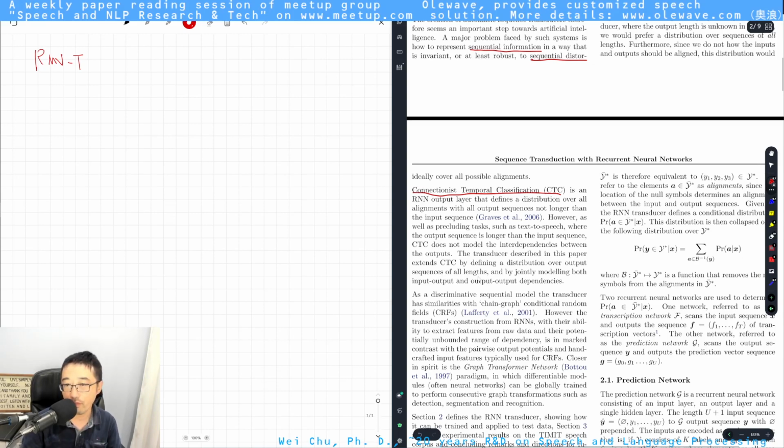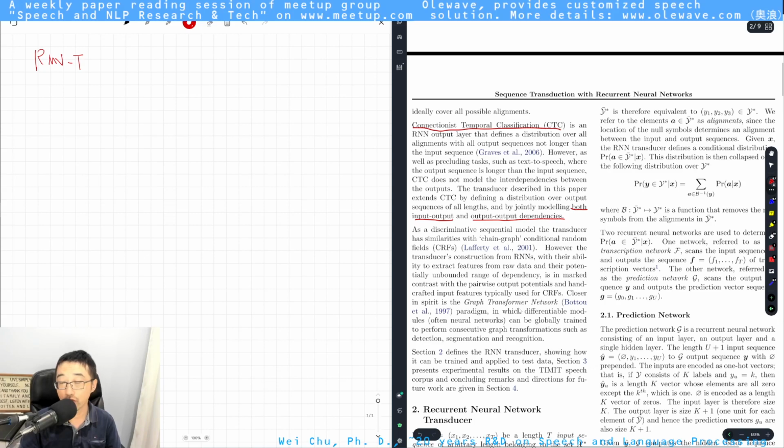So the output can be shorter than the input. And what is more important is a joint modeling of two things. I think CTC does both input and output, but what is more important is the output-to-output dependencies, so it's dependent on the previous output. The input-output relationship is also slightly different from CTC. We will see how he did it for the RNN-T transducer.